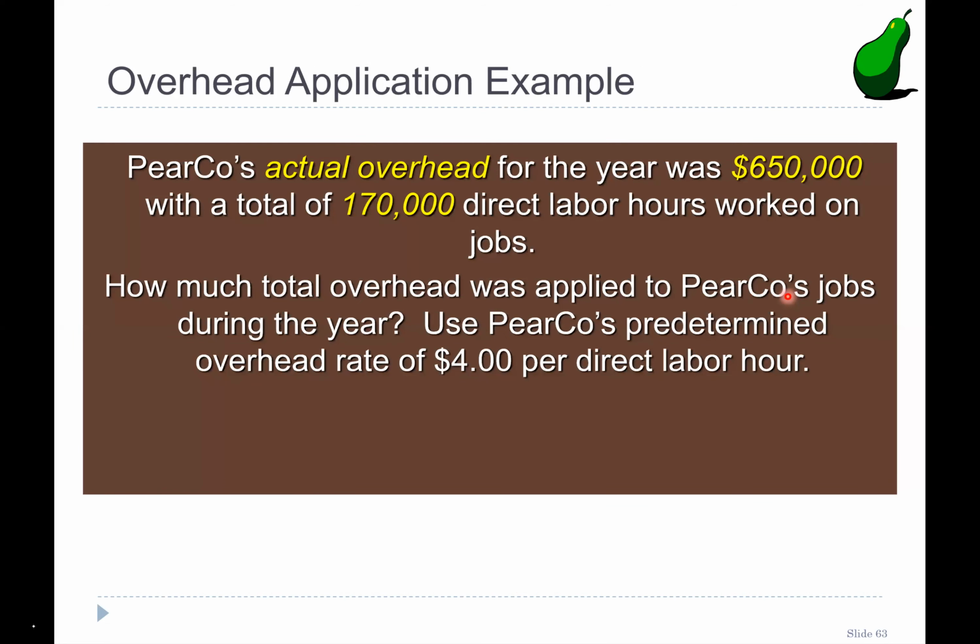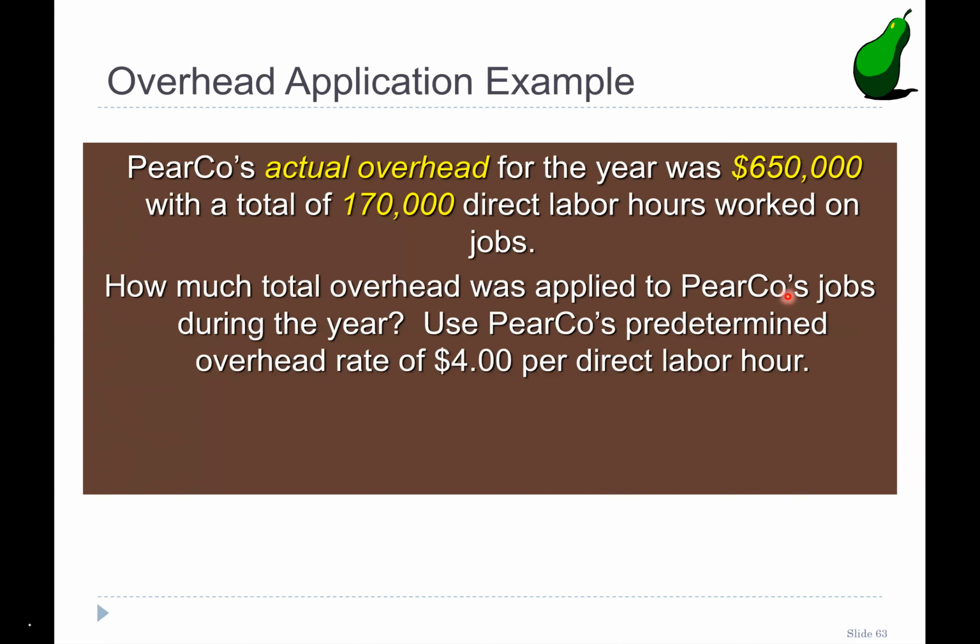So what are the treatments for this under and over? Remember, this is just a discussion here. When we over applied, what does it mean? It means our estimation is greater, so we need to reduce our estimation. So the sign with the over applied would be negative. Over applied will reduce the manufacturing overhead.